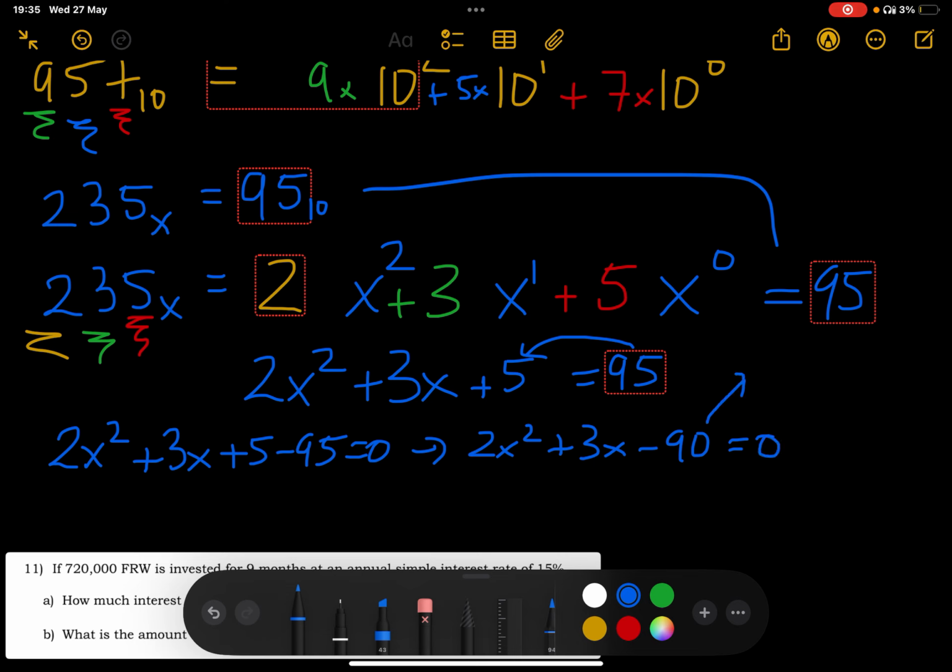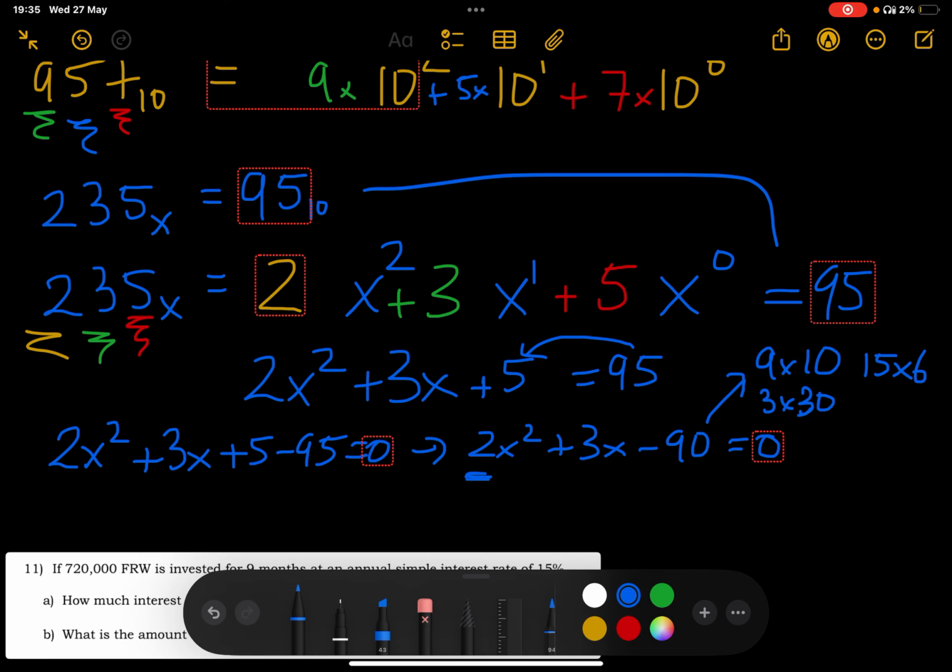Okay, the factors of 90 are 9 by 10, 3 by 30, 15 by 6. 15 by 6 is probably what we want because we have it multiplied by 2 also.